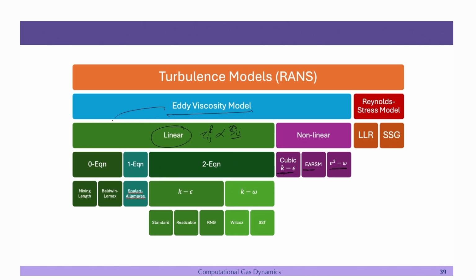Within the eddy viscosity model you have the zero equation model, which means you are not solving any extra dynamical equations, but you are modeling both the length scale and the velocity scale by some arguments, like the mixing length model and the Baldwin-Lomax model. So, there are no extra equations for this. Then the one equation model, which is the Spalart-Allmaras or SA model, very good for external aerodynamics.